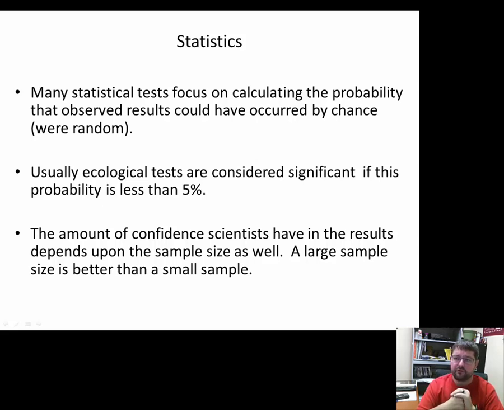So as a general rule of thumb in ecological tests, we're shooting for a sample size somewhere around 30. That's where most statistical tests will come out to, hey, that's a decent sample size.